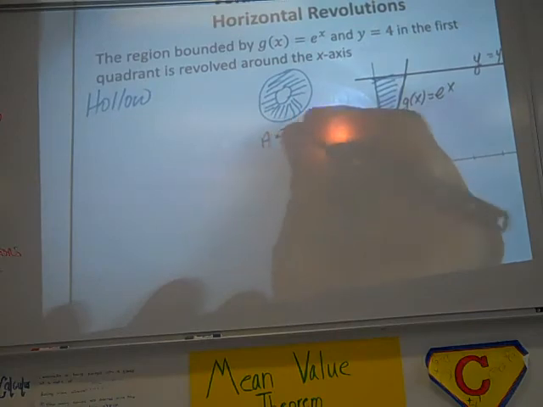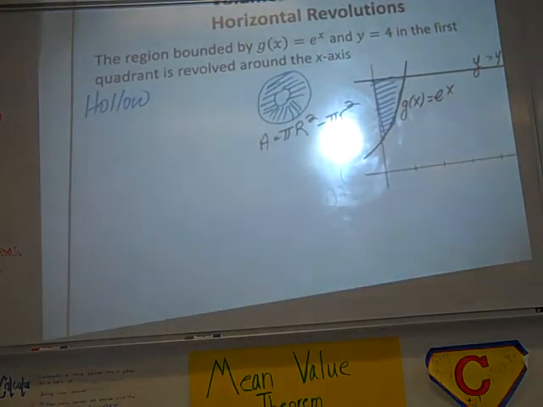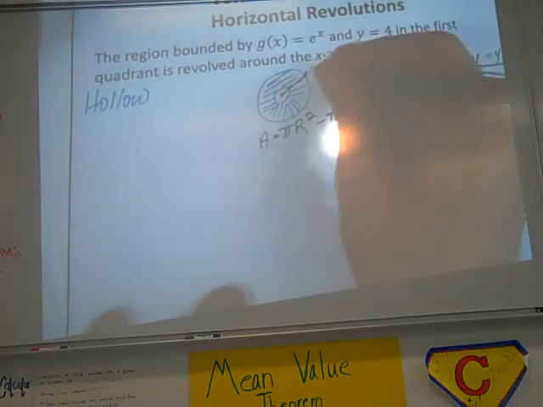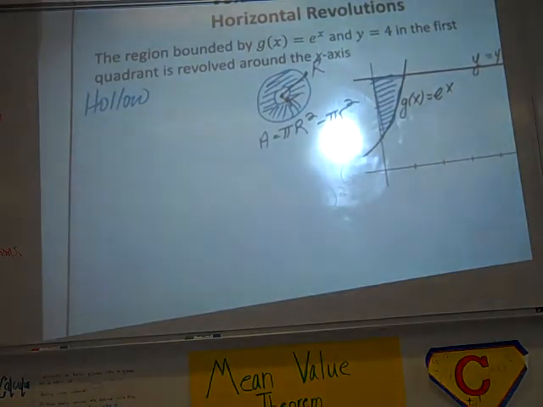I'd find the area, which is pi big R squared minus pi little r squared. The big radius starts at the center and goes out to the outer shell. The small radius starts in the center, goes to the inner shell, and the area is just pi big R squared minus little r squared.